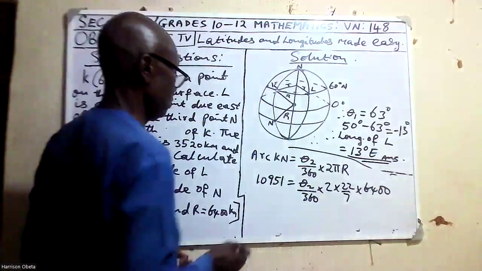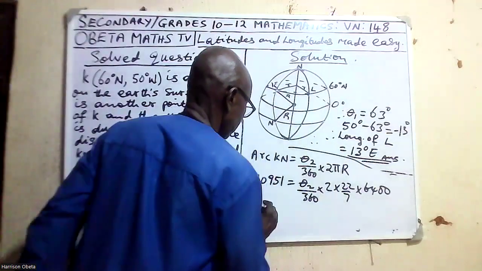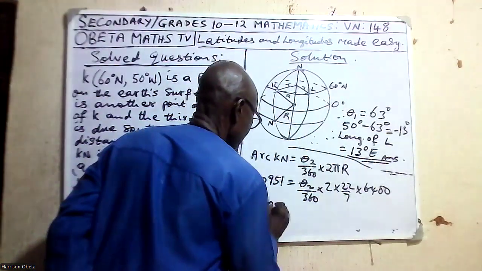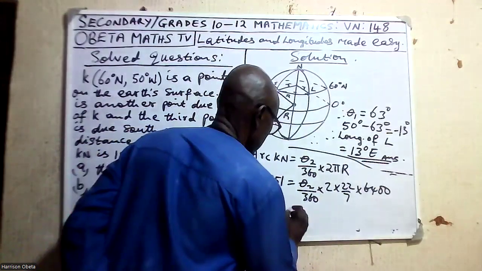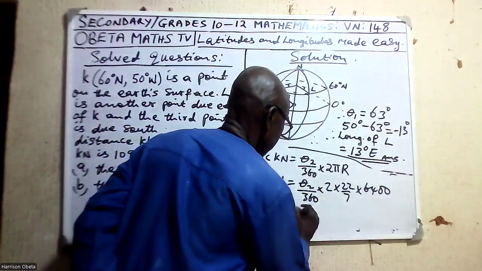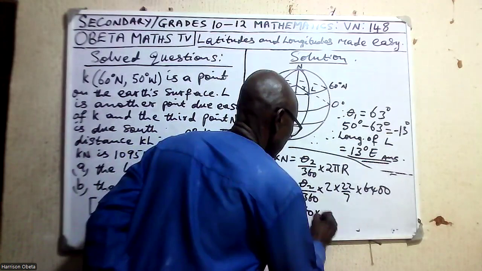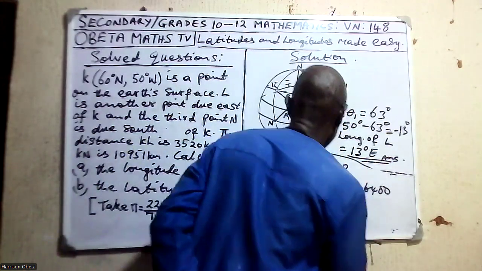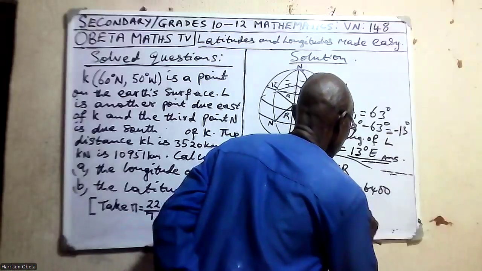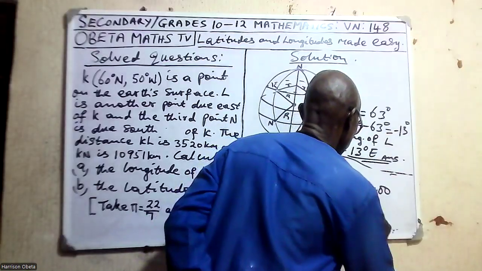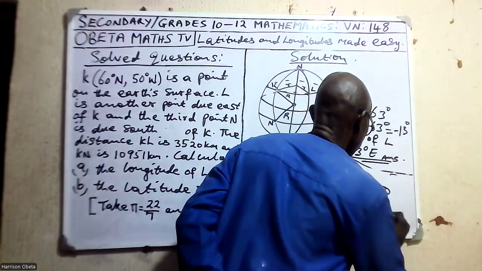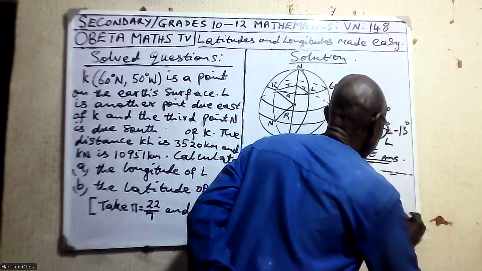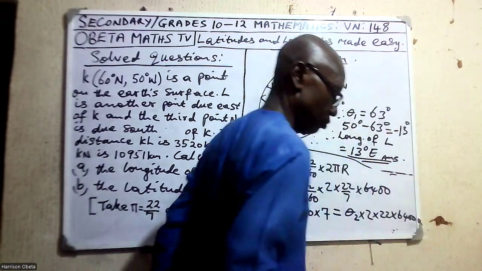And that means we have 10951 multiplied by 360 multiplied by 7 is equal to theta 2 times 2 times 22 times 6400.